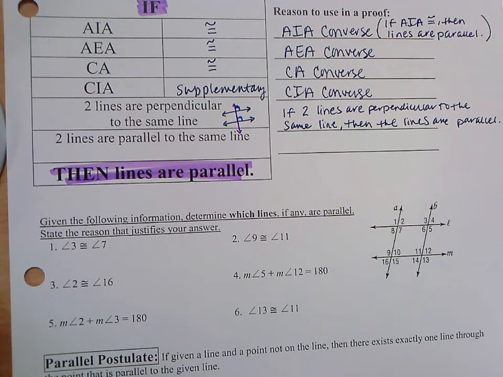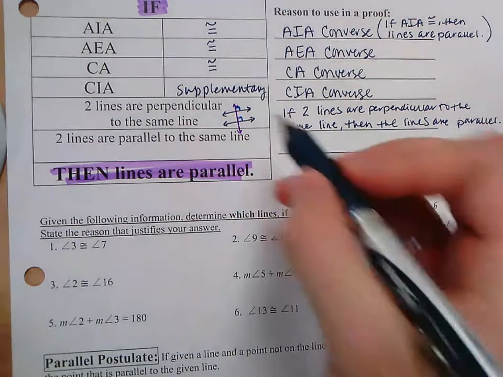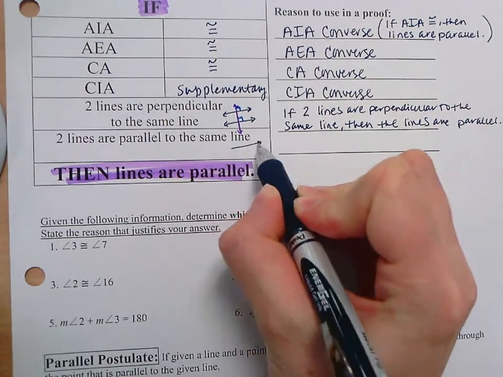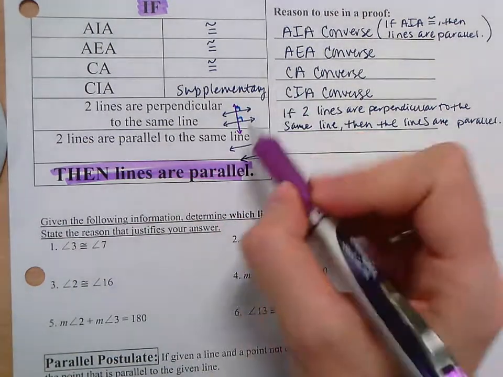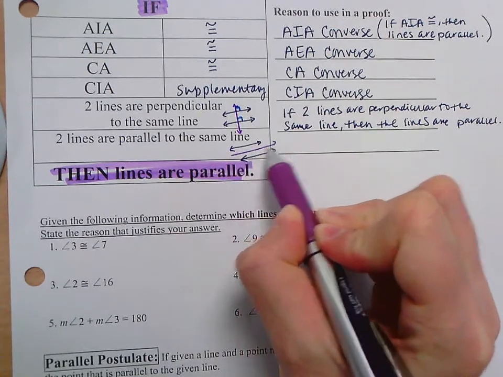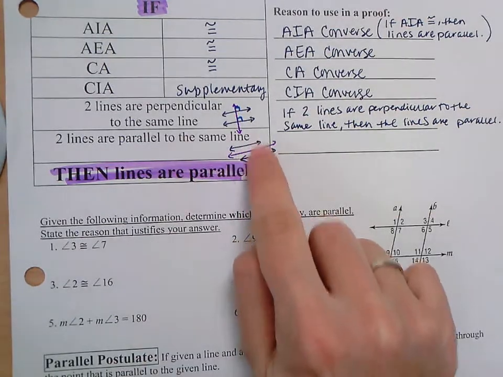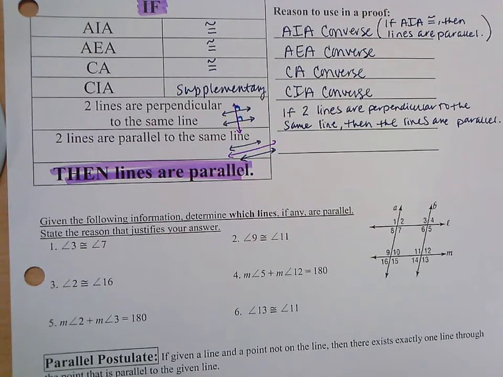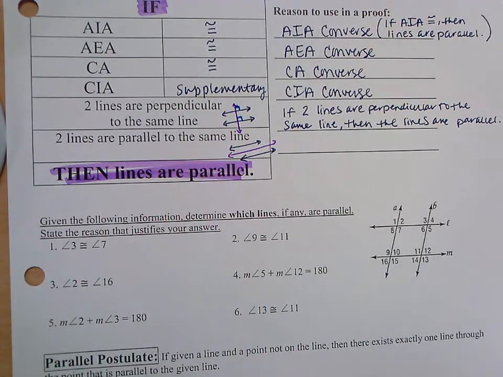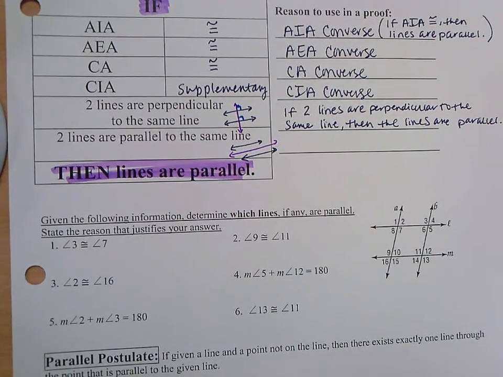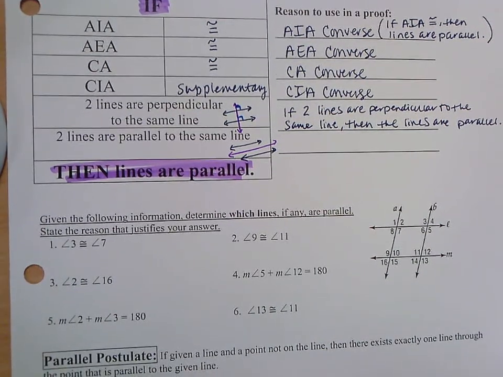And the next one is similar. It says if two lines are parallel to the same line, then we know those two lines are also parallel to each other. So what that would look like is, say you have two lines and then you have a third line that both lines are parallel to, then you really know all three lines are parallel, but the two lines you started with must be parallel to each other if they're both parallel to that purple line that I drew up here.